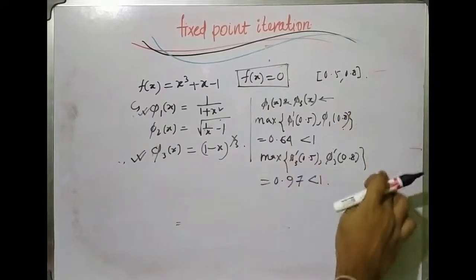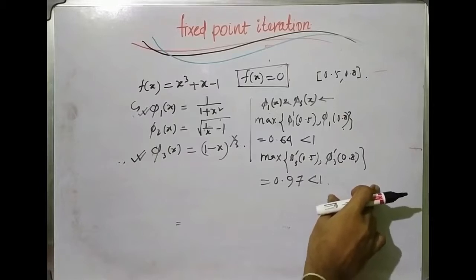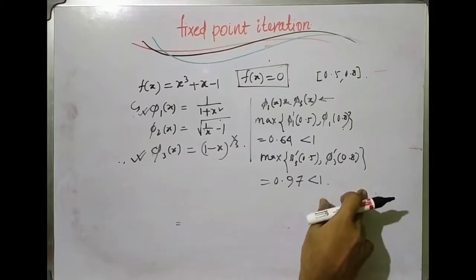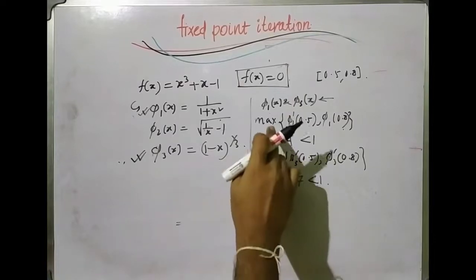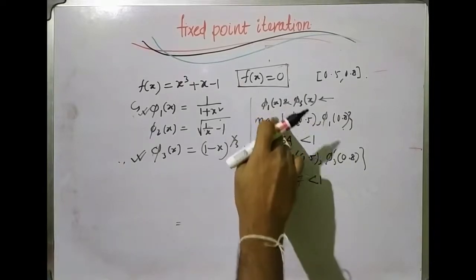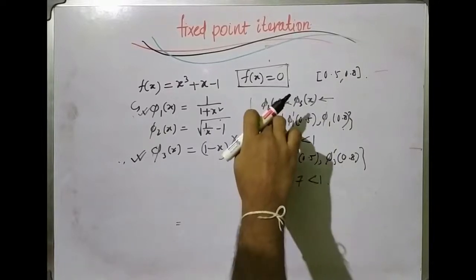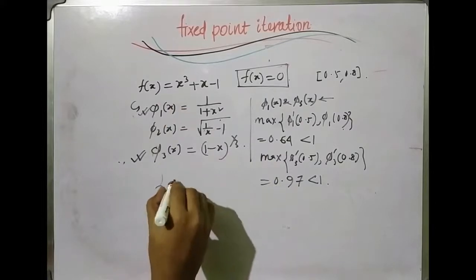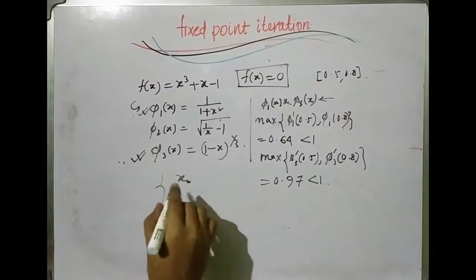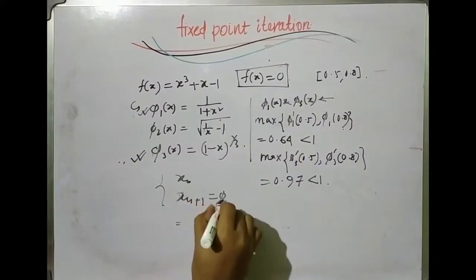So for these two functions, though the condition of convergence is satisfied, this is much less than that. So if you take phi 1 x, the procedure will converge faster. For that I have taken phi 1 x to build up the iterative procedure x0, xn plus 1 equals phi 1 xn.